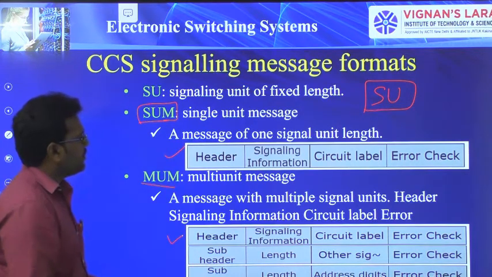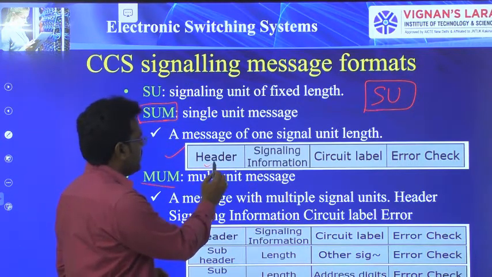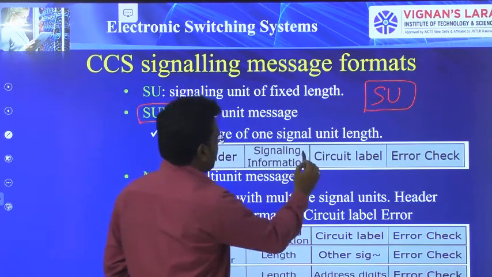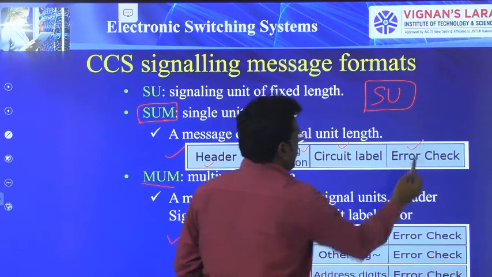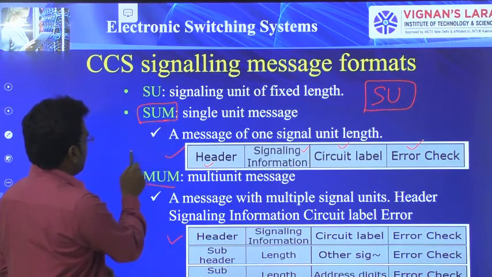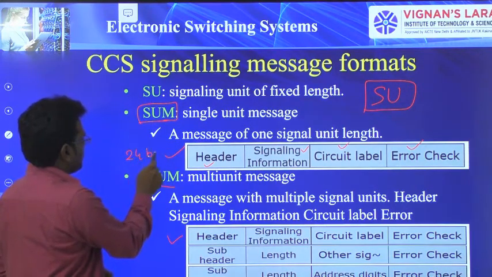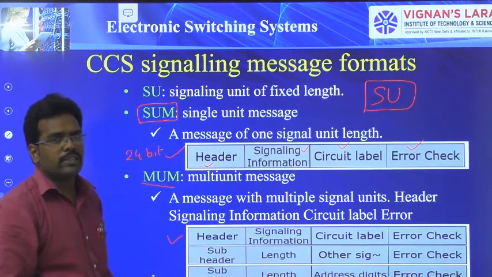In SUM, it contains 4 fields. One is called header, another is signal information, the third is circuit label, and the fourth is error check. The size of this SUM is 24 bits.